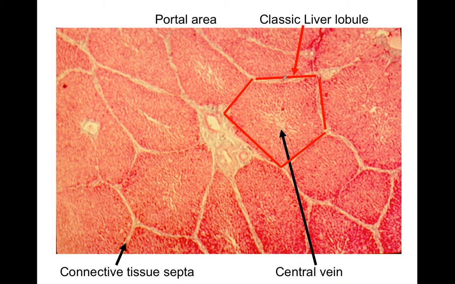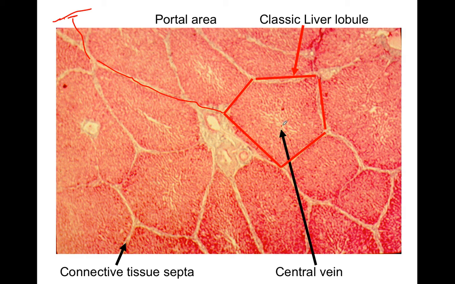As I said, from outside we have the mesothelium and we have the capsule, and this capsule sends the trabeculae, and these trabeculae, as we can see here, go interior and divide the liver into classical liver lobules. Each one of these is called a classical liver lobule.